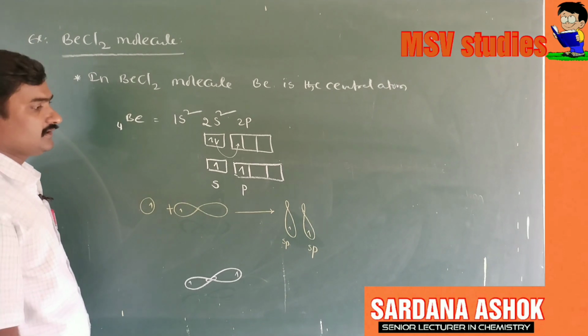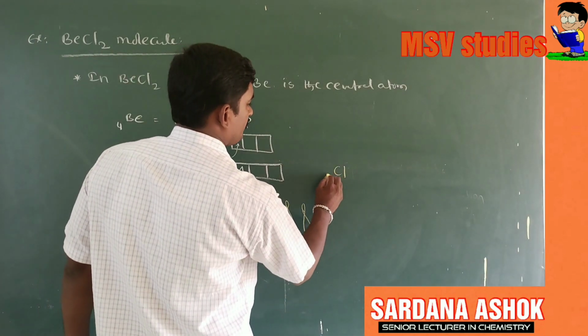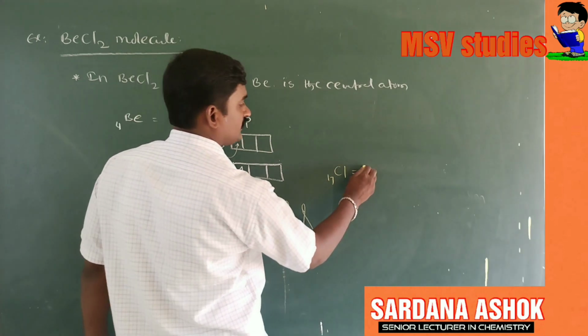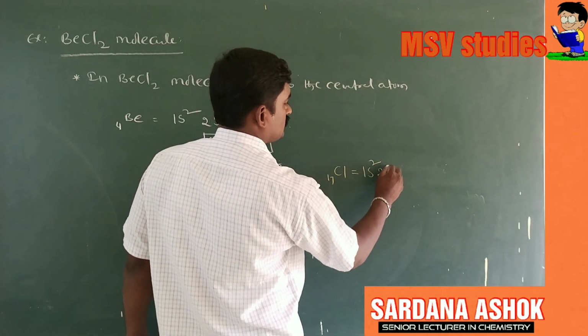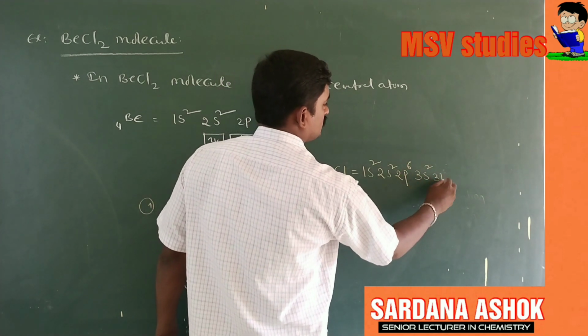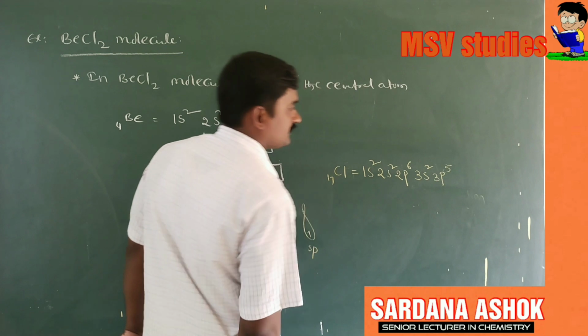So we have to observe the configuration of chlorine. The atomic number of chlorine is 17. So 1s2, 2s2, 2p6, 3s2, 3p5.